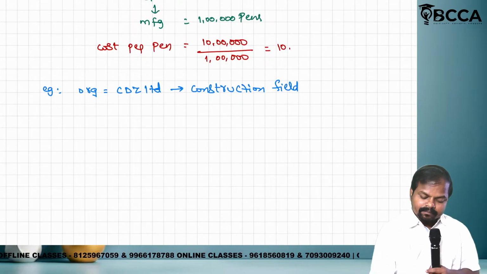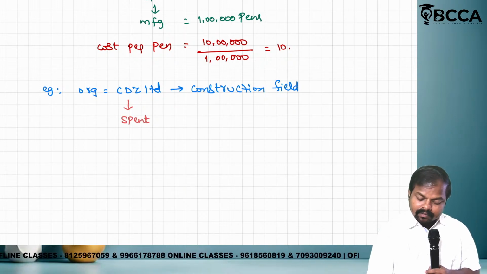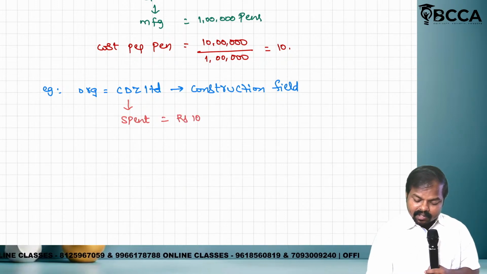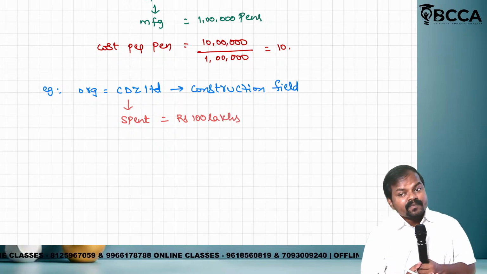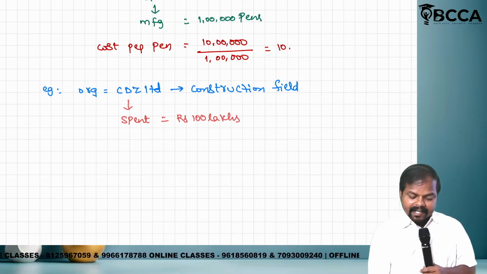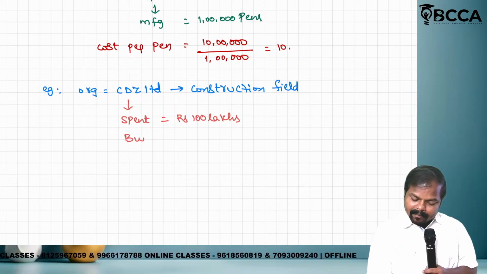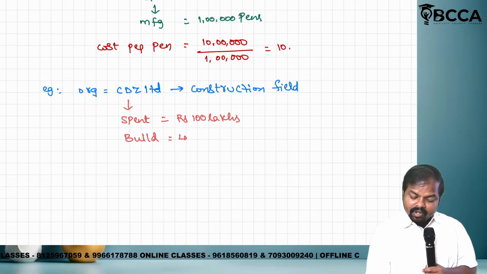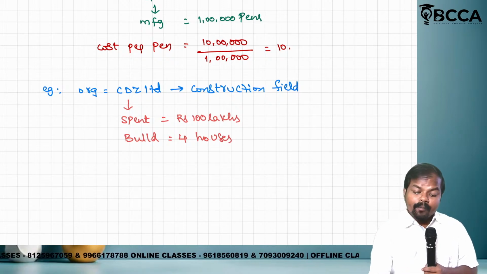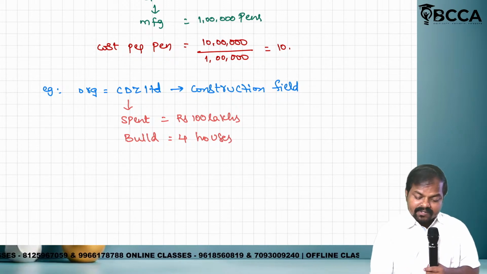Listen carefully. Organization spent rupees 100 lakhs. How many lakhs did they spend? 100 lakh. They built 4 houses. How many houses? 4 houses. They are asking cost per house.